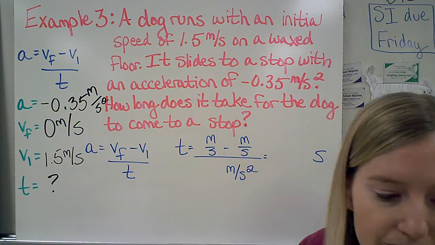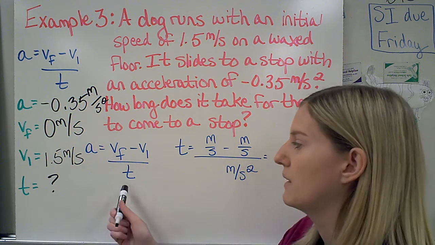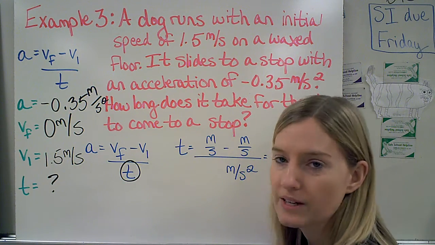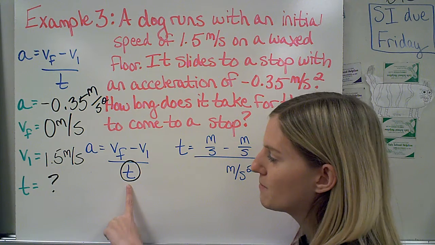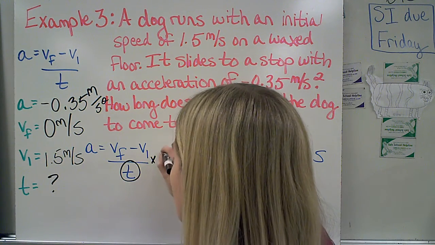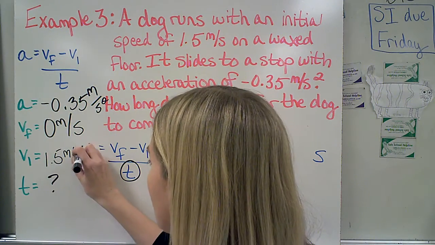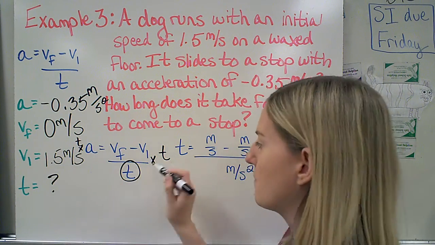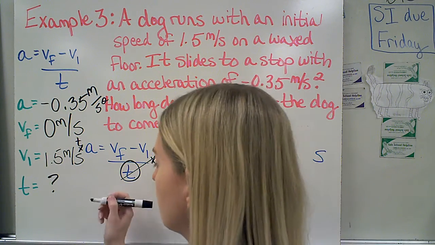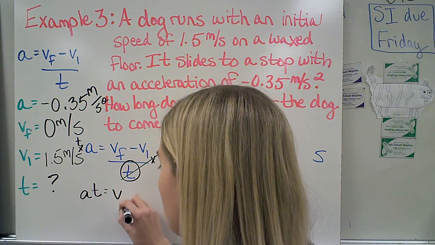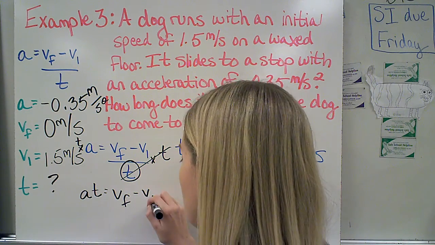So I use my algebra skills to move this around. I'm going to look at my equation, circle what I don't know, and rearrange it. So I have T on the bottom of a fraction. How do I get it out of the bottom? Multiply by T on both sides, which is kind of messy. If I have T on the top and the bottom, they cancel. So as it's written right now, I have A times T equals VF minus VI.